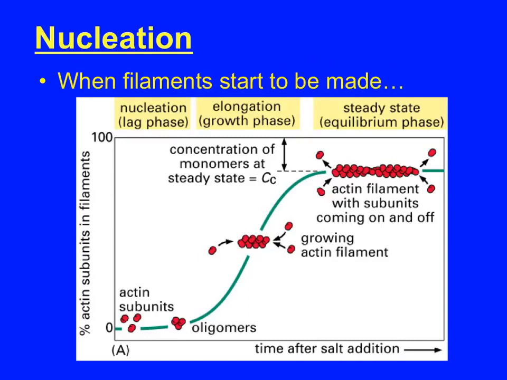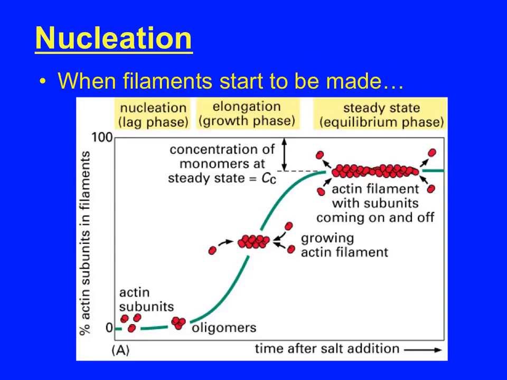And the reason they're doing this with salt addition is you need to cause something to happen. These subunits are all sitting here. They're waiting for something to happen, and something changes that says polymerize. Whatever that is, in this case we can do it in the lab by adding a little bit of salt. So you have some subunits.